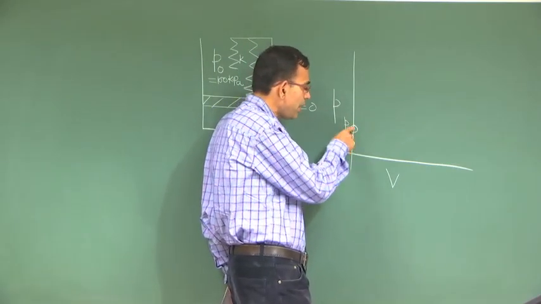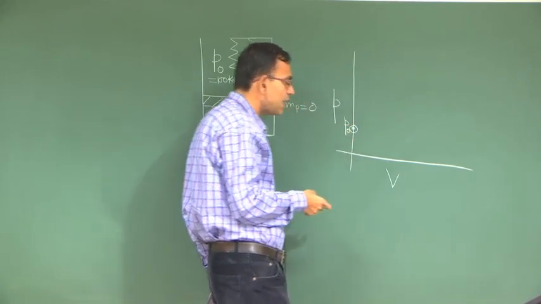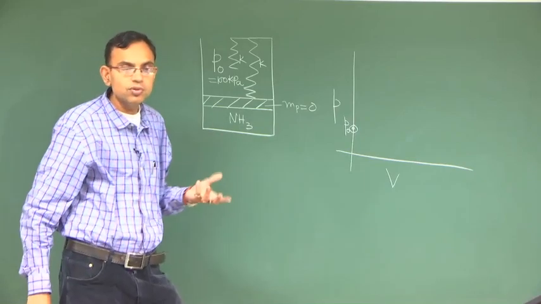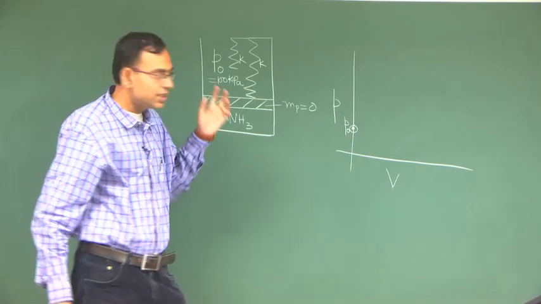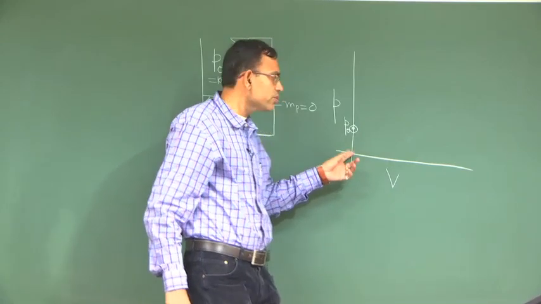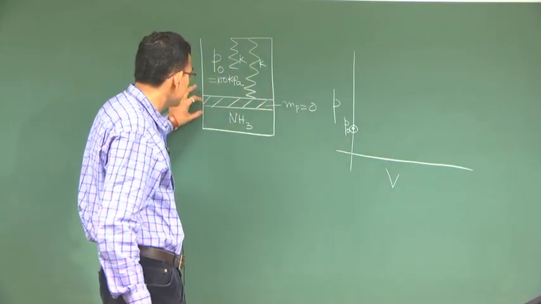You may argue that when the volume is 0 then how do you have a pressure? You have no fluid inside. So, here you have to consider a limiting volume V which is tending to 0 because the piston is just at the bottom.